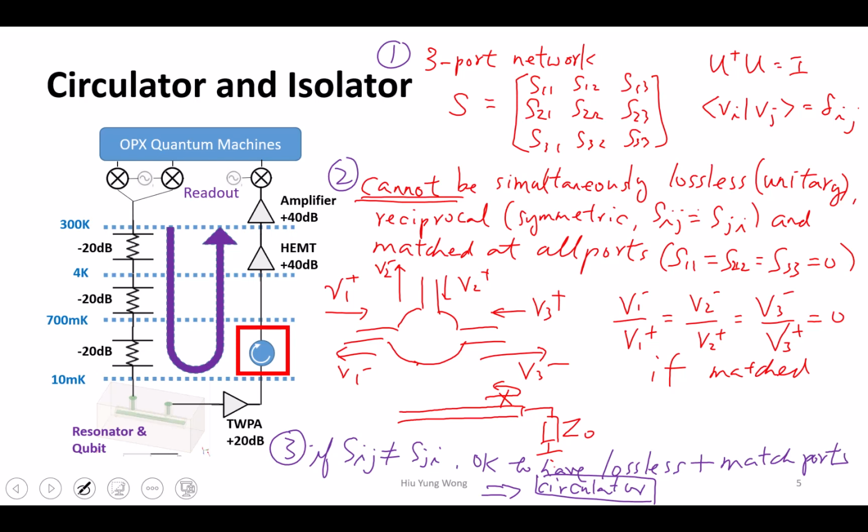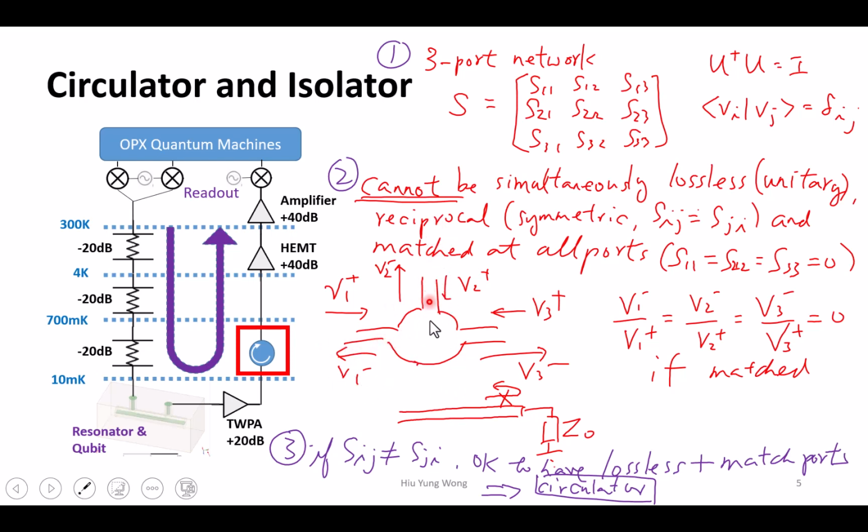I will show you how it goes. It has 3 ports: signal goes from port 1 to port 2, then port 2 to port 3, and then port 3 to port 1. Your signal will go through in this way, but it will not go from port 3 to port 2, for example, in the other direction. So if I put a signal into port 1, all of it will go to port 2.